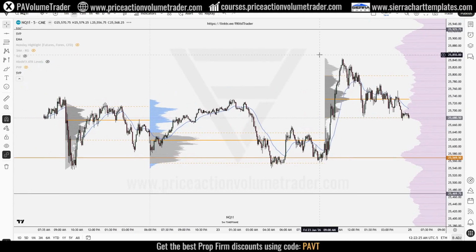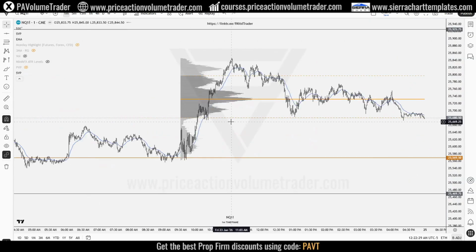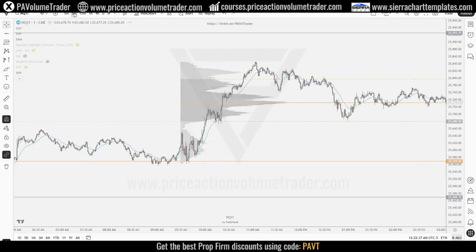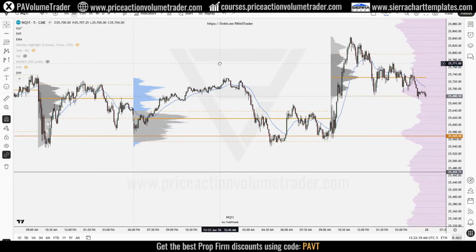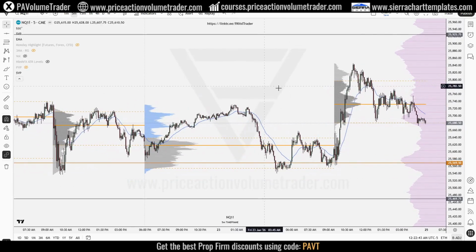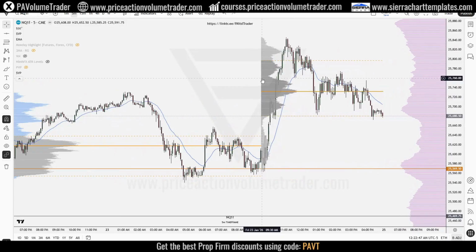Here, if I go back and forth, you can see they look slightly different, and the 1 minute is going to straddle price closer. But I have found that the 5 minute gives me a very nice view of trend following.